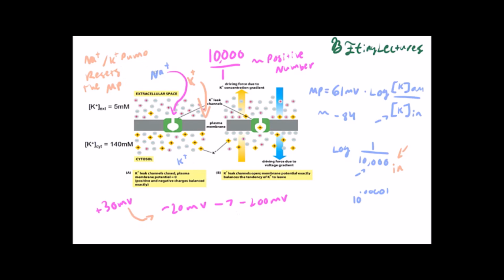So on an exam, an answer choice will say, oh, the action potential is created by the sodium potassium pump. And you'll say, no, it's not. It is reset by the sodium potassium pump, but it is not created by the sodium potassium pump. Now, within the cell membrane, you have these potassium leak channels. Whenever we are resting and we're not generating action potentials, these channels are always open.